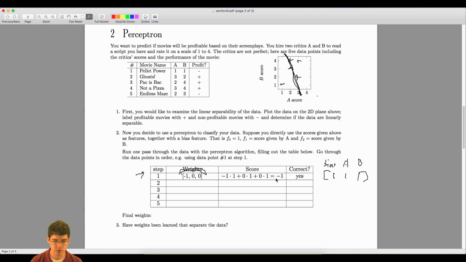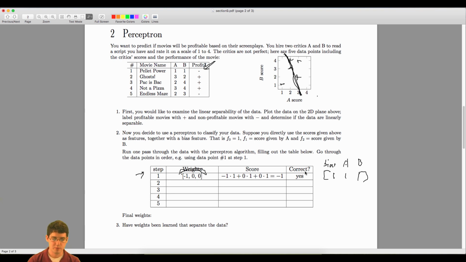If we have a negative score that's less than 0, then we classify that point as a negative. We look up at our profitability column here, and we see that these match. We predicted a negative, and the actual answer is negative. So this is a correct classification.